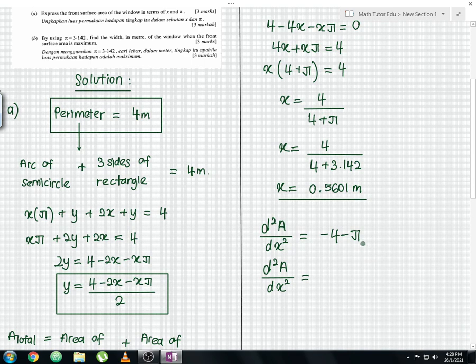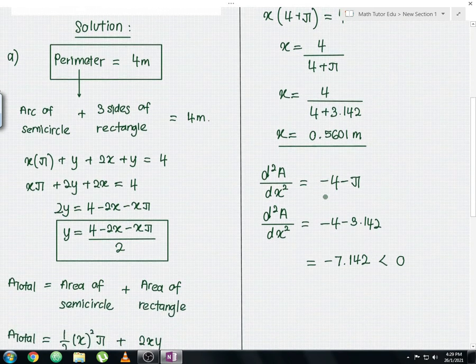Since the pi value you can use 3.142, negative 4 minus 3.142 gives negative 7.142. Since negative 7.142 is less than 0, we know that this double differentiation gives us the maximum value. This x value will certainly give us the maximum value of surface area. Let me just write here, maximum value.